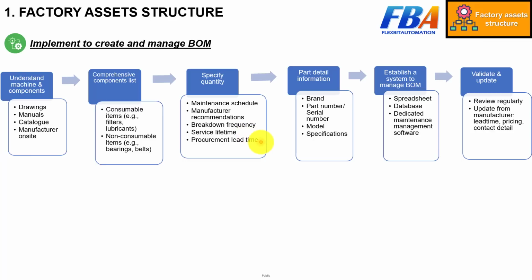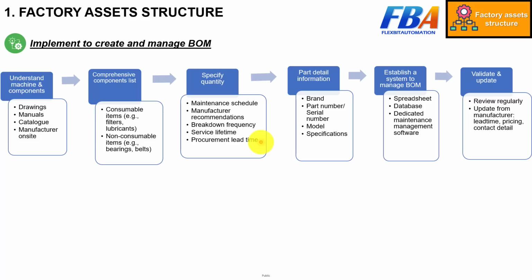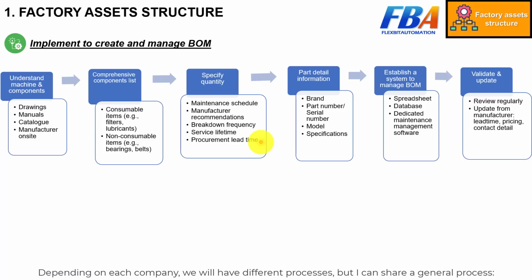And the final one is the procurement lead time. This is the time to buy spare parts. It includes the period from when we receive a quotation from the supplier until we receive the goods in hand. It depends on each company.